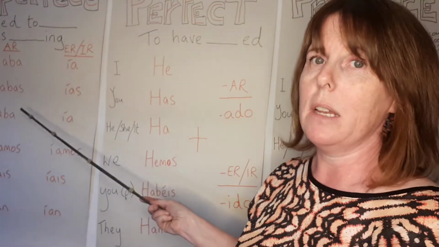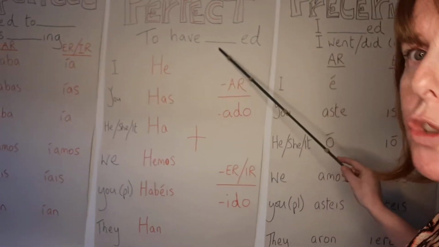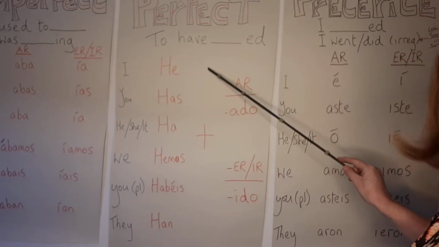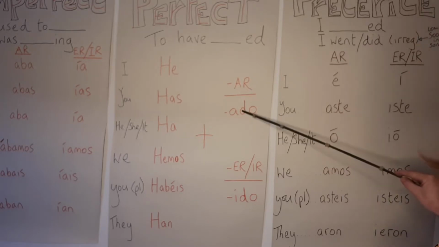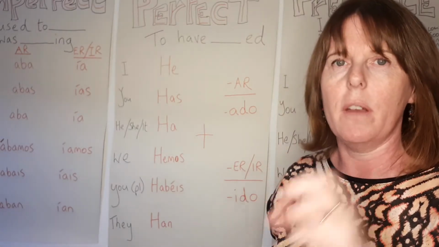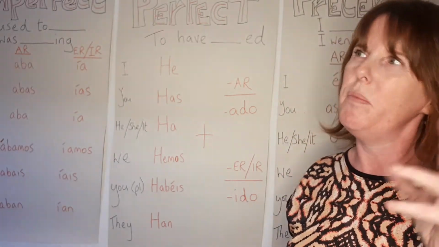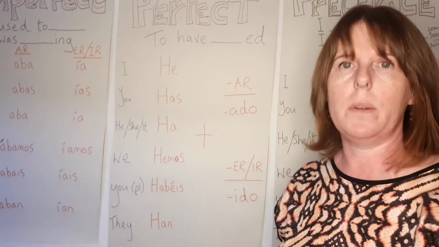The perfect tense, to have done something, that one, you will always need those bits, but some verbs you won't be knocking the AR off or the ER, IR. You'll just have a separate word altogether. That's the only bit that's irregular, and there are about 10 to 15 of those that I'll teach you at a later date, okay?